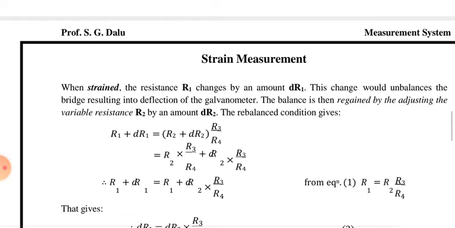That is R2 multiplied by R3 by R4 plus dR2 multiplied by R3 by R4. Because we know that R1 equal to R2 into R3 by R4.